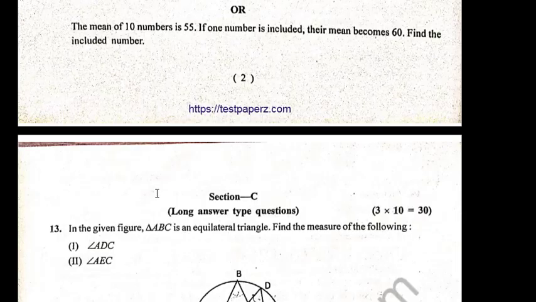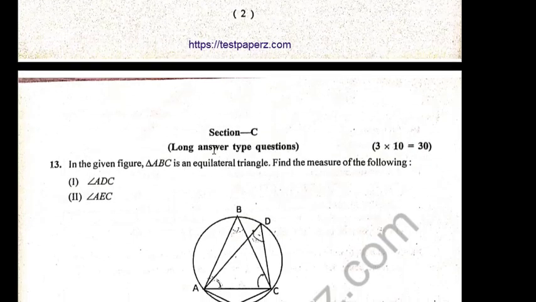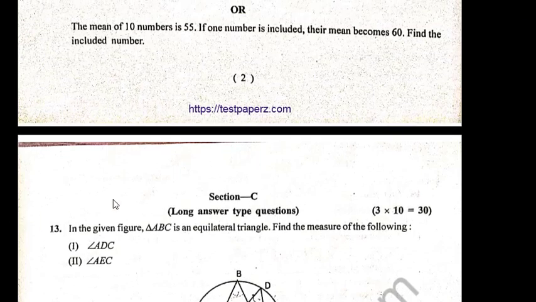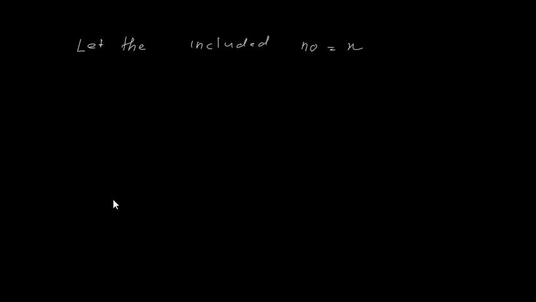The mean of 10 numbers is 55, so n is 10, x bar is 55.